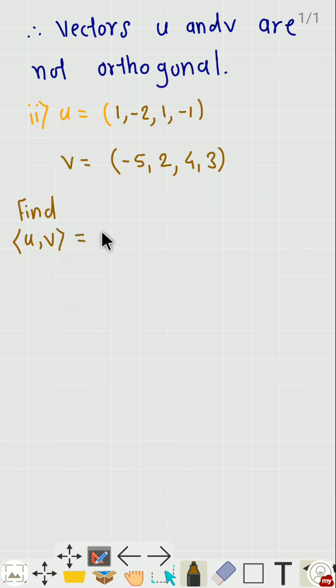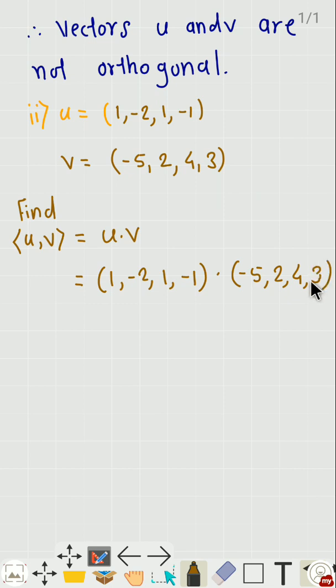It is equal to u dot v, the dot product of these two vectors (1, -2, 1, -1) and (-5, 2, 4, 3).